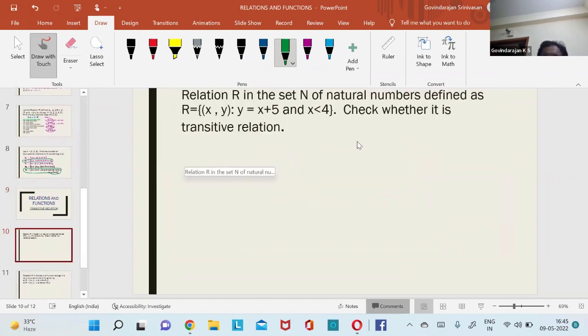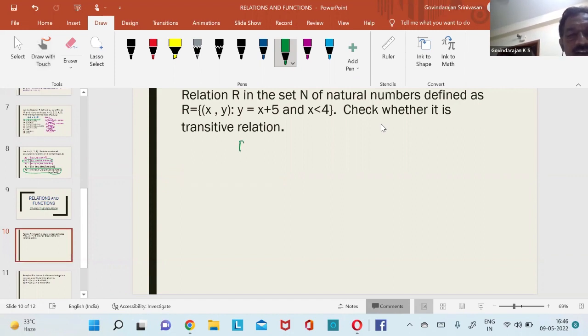This question I'll take is a simple textbook question. A relation R in the set N of natural numbers is defined as the set of all x comma y such that y is equal to x plus 5 and x is less than 4. X is less than 4 means natural numbers 1, 2, 3 only. Check whether it is a transitive relation or not.